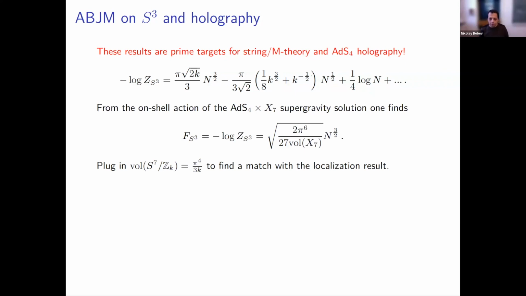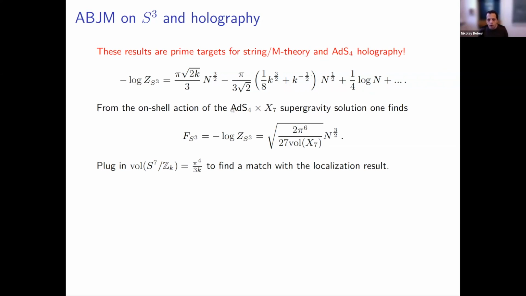And this has been understood for the first 3 coefficients, with some simplifications that I'm not going to talk about, but essentially the leading term here, this pi square root of 2k over 3, arises from an on-shell action evaluation of this solution of 11-dimensional supergravity.